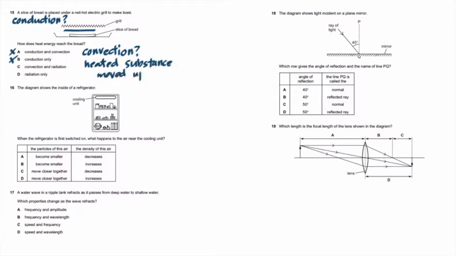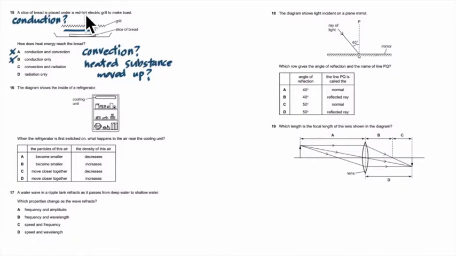For this question, let's see if conduction happens here. Conduction requires a direct contact between the source of heat and the material to be heated. We do not have that here, so conduction is not happening. These options, therefore, A and B cannot be an answer. How about convection? Convection is the transfer of heat through the movement of heated material, which is usually upward because of the decrease in density when heated.